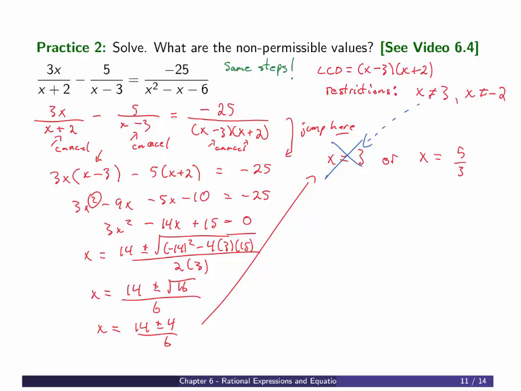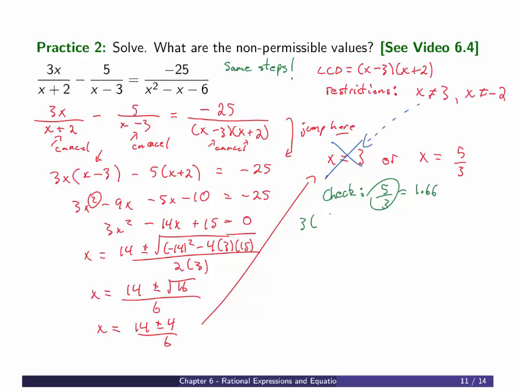So all we're checking is 5 over 3. If you want, you could convert this to 1.6 repeating, which isn't ideal, and I'm going to leave it as 5 over 3.